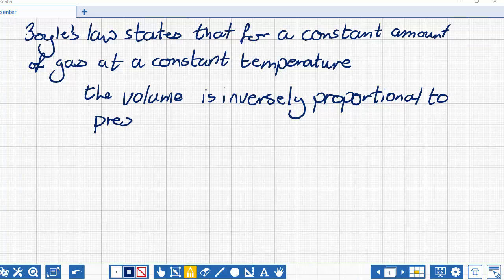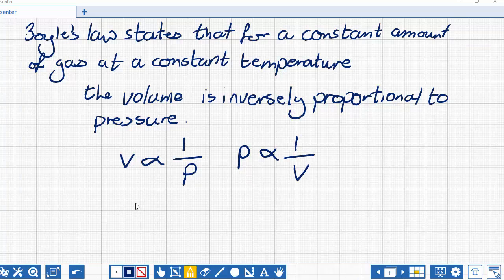Now if we have a look at how we would write that out mathematically, the volume is inversely proportional to the pressure, and conversely the pressure is inversely proportional to the volume. Another way of looking at that is if I was to multiply the pressure and the volume together, they will always equal the same number.